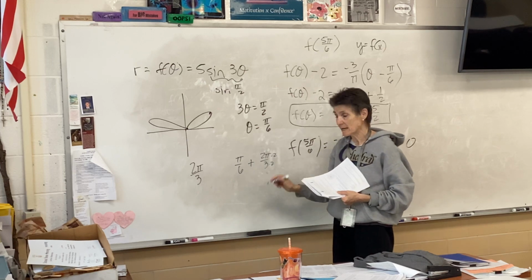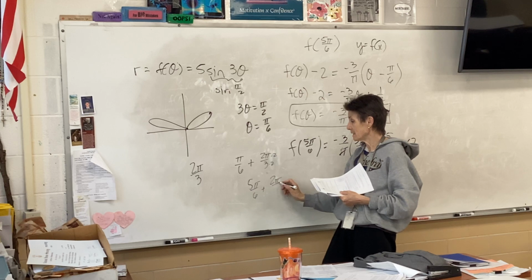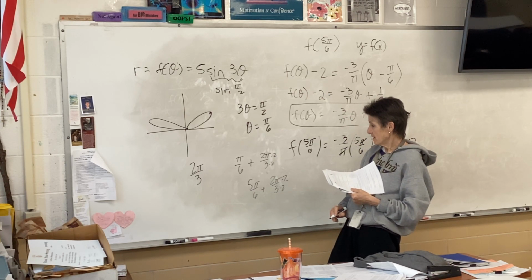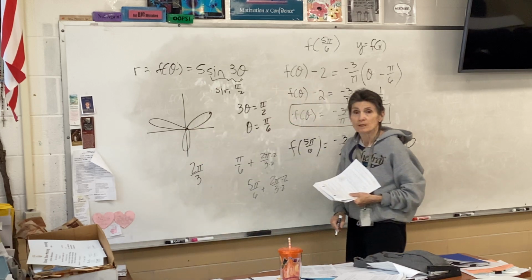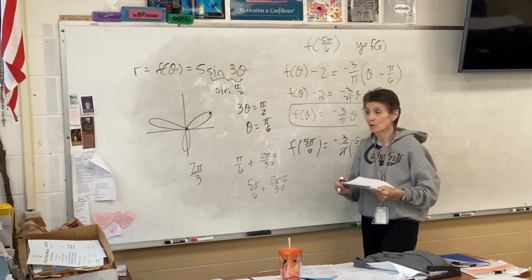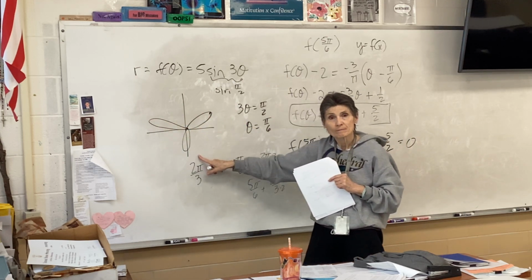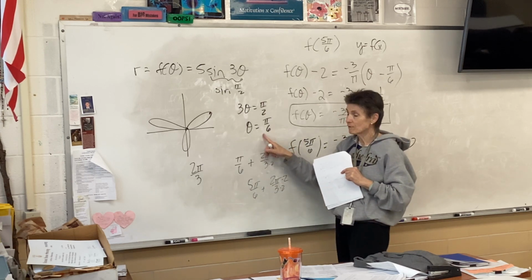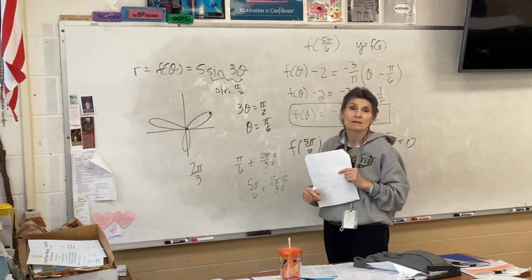And then where will the next one be? 5 pi over 6, 2 pi over 3 later, which would be 9 pi over 6, 3 pi over 2. So there they are. So where do the maximums occur? The maximums occur at the end of each petal. And once you find where that first petal is, you automatically know where the rest of them are because they're evenly spaced.